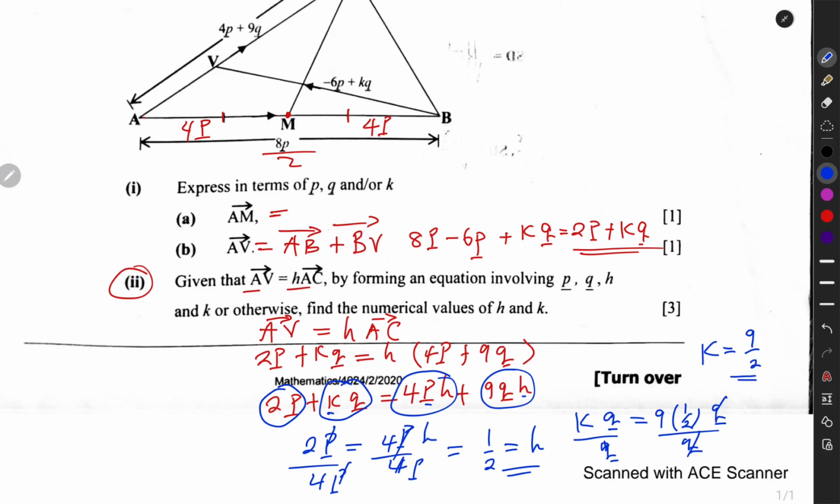Now, what else is remaining? We found the value for K, and we found the value for H. Hence or otherwise find the value of H and K. So we've answered the question fully. That is what we basically needed to do.